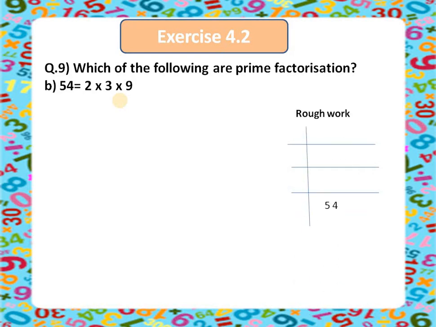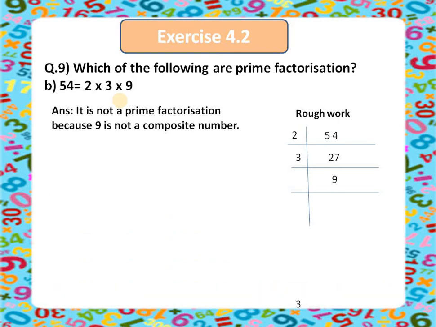Write down 54 and divide it by 2. You will get 27. Then 3 9s are 27. Then 3 3s are 9. Here we have 3. We will take 3 one more time. Then we have got 1 over here.